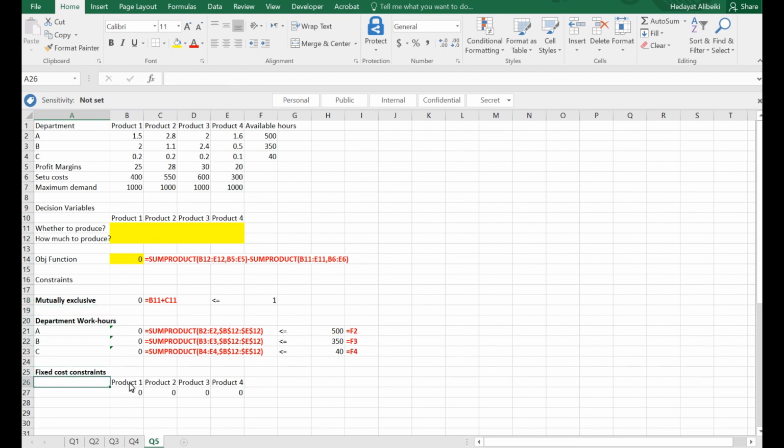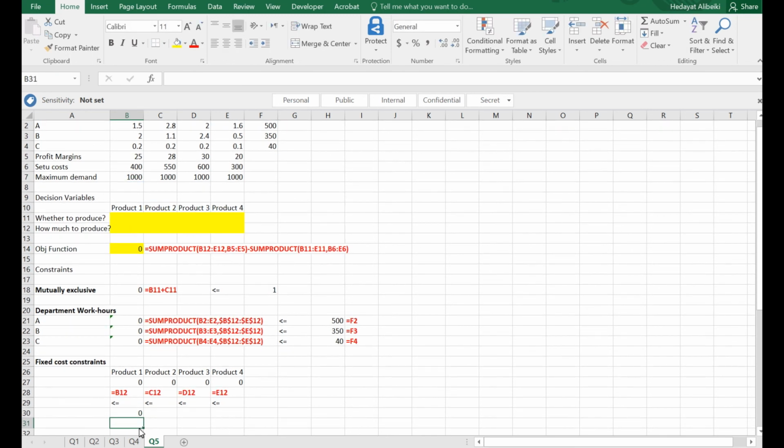So let's write that formula. xi should be less than or equal to 1,000 for product 1. This is the maximum, times whether or not to produce product 1.